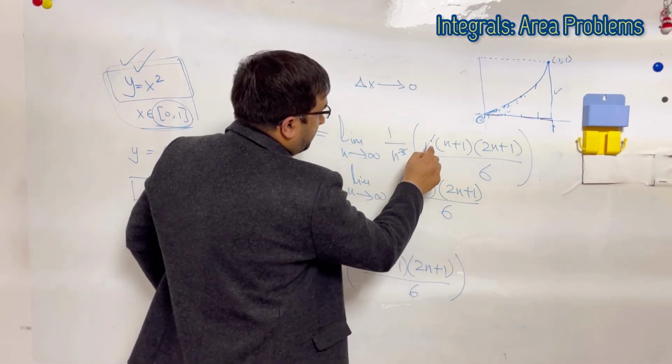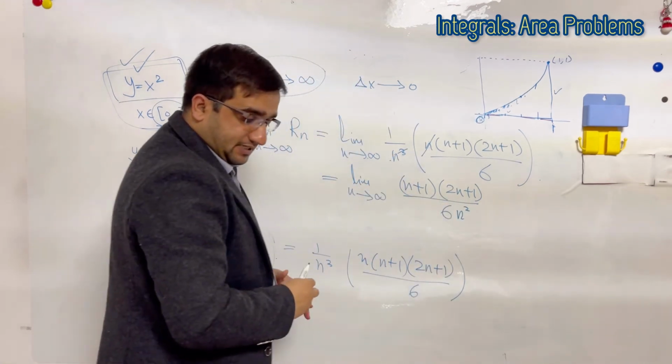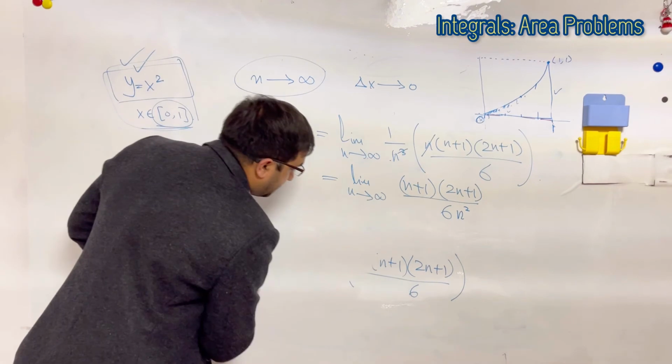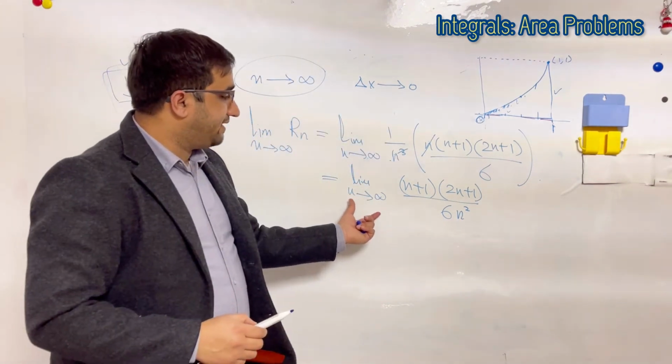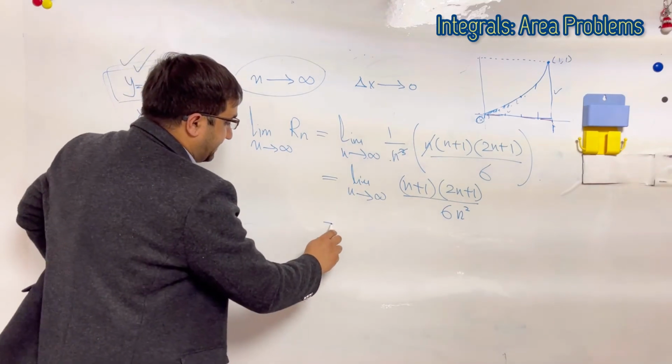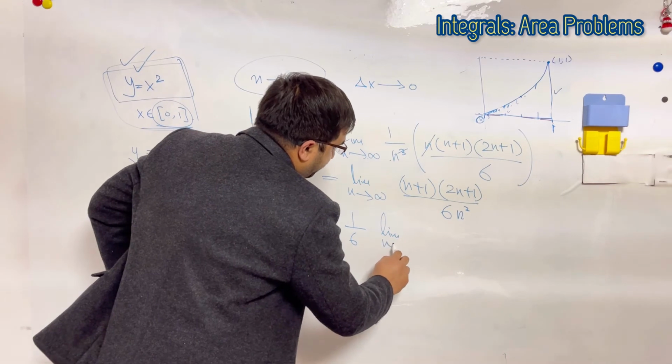One n was cancelled, so left was n square. Now this 6 is a number, so this limit has nothing to do with it. You can take it out, so 1 by 6 comes out.